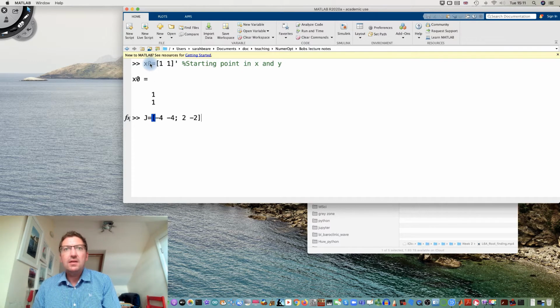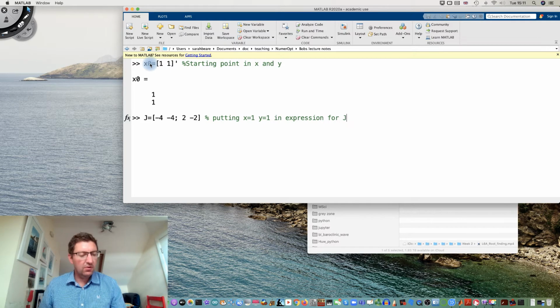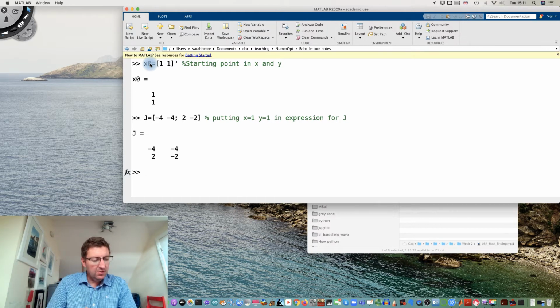That's putting x equals 1, y equals 1 into the expression for J. So minus 4, minus 4, 2, minus 2. That's our matrix there. And then we're going to do the first step in MATLAB.